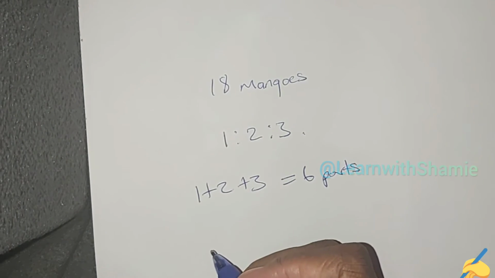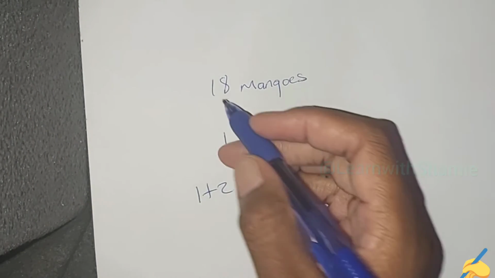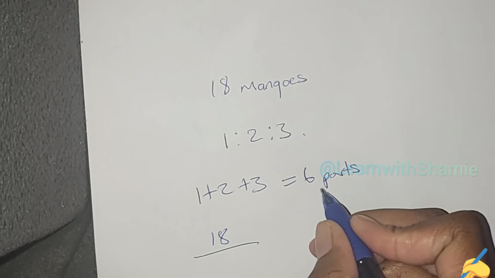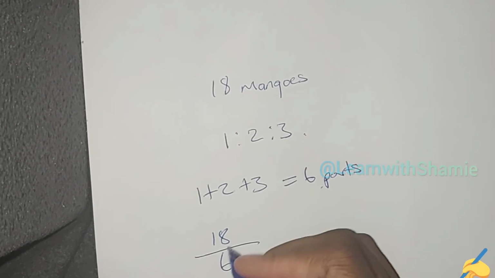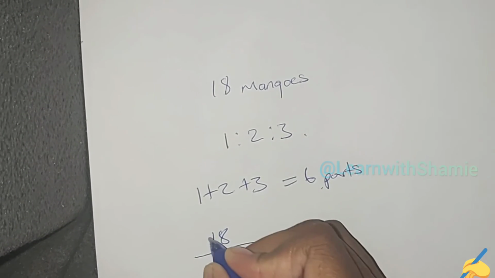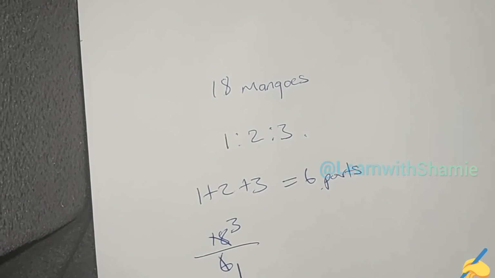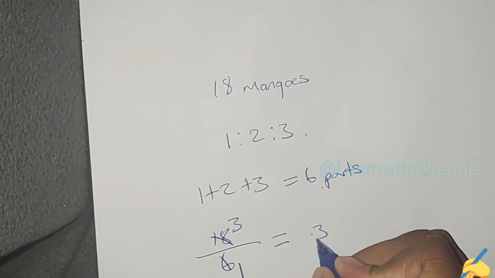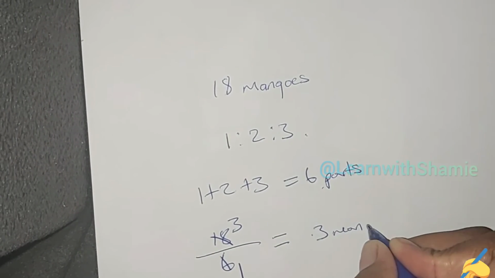The next step we're going to take is that we're going to divide the total number of mangoes, which is 18, by the total number of parts, which is 6. So 6 into 6 goes 1 time, 6 into 18 goes 3 times. So each part in the ratio is worth 3 mangoes.